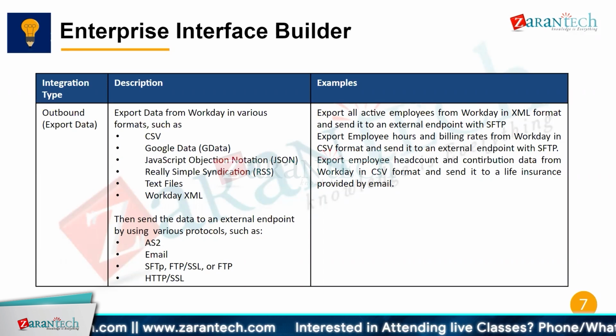And you can send it to external endpoints by using various protocols such as Amazon S3, which is a data storage. You can send it via email. You can send it via SFTP, FTP, secure socket layer, or HTTP SSL. These are the protocols that are supported by Workday to create a transport method for outbound data.